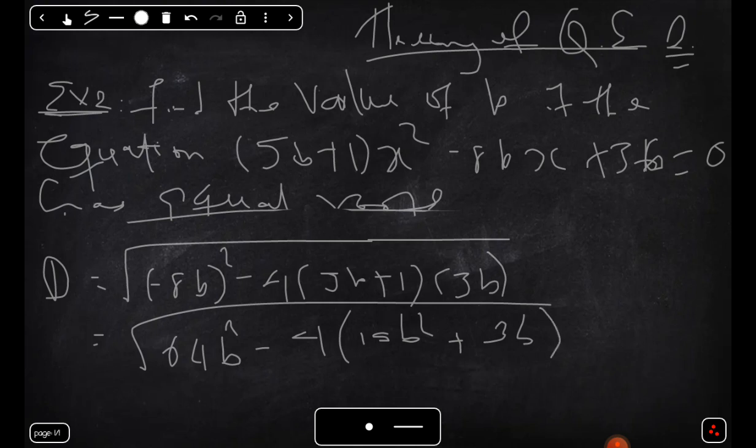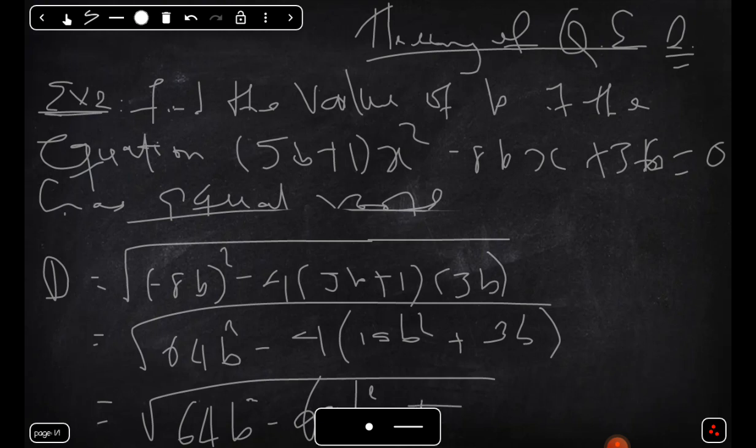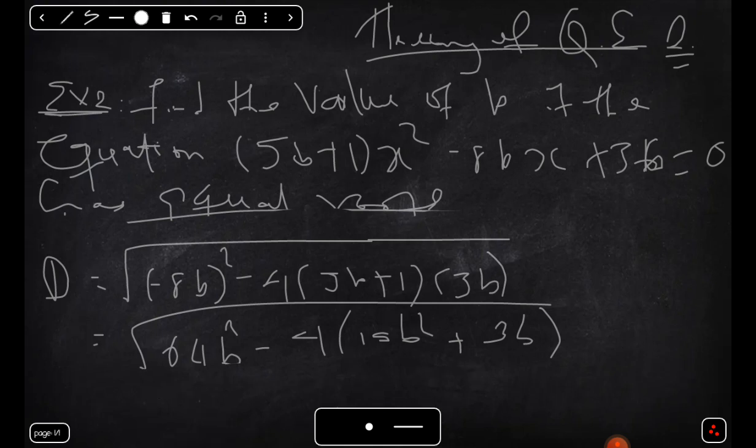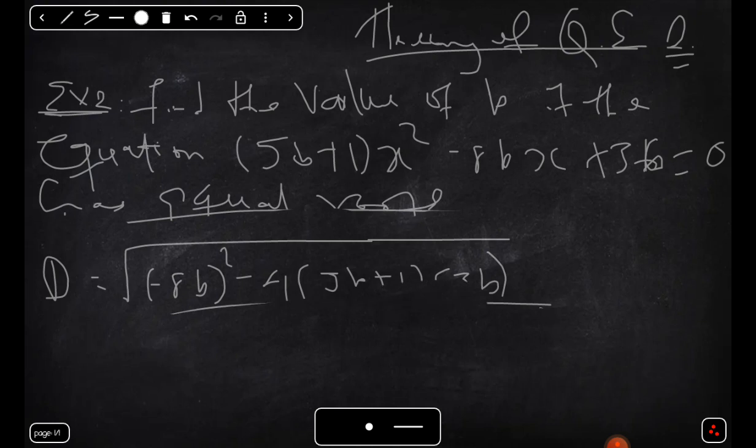So we simplify further: 64b squared minus, 4 times 5 is 60b squared plus 12b. Let me write it where we can see it clearly.